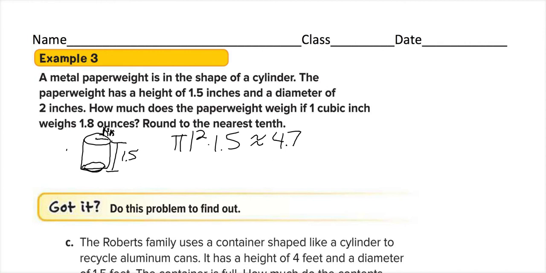And it says that 1 cubic inch weighs 1.8 ounces. So now we're going to times that by 1.8. So 4.7 times 1.8. So that means it weighs 8.46, so round to the nearest tenth, so 8.5 ounces. There we go.